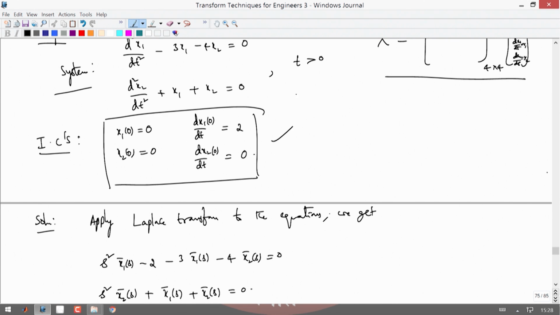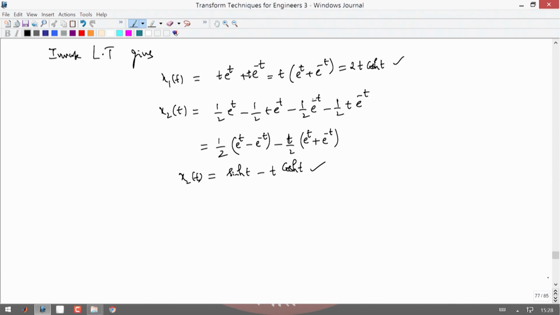This is how you solve a system of linear ordinary differential equations, whether it is a 2 by 2 system, I mean a 2 equation system, or an n equation system.